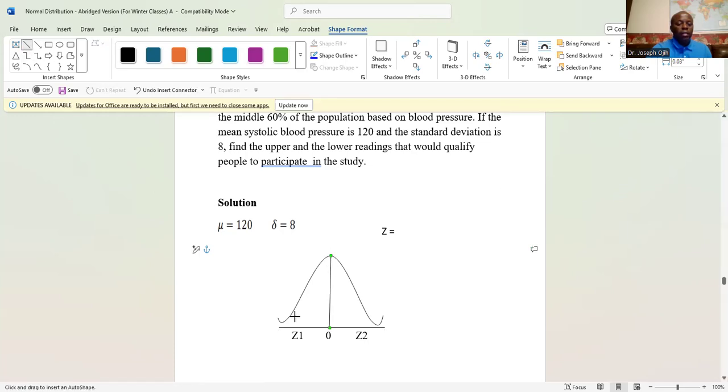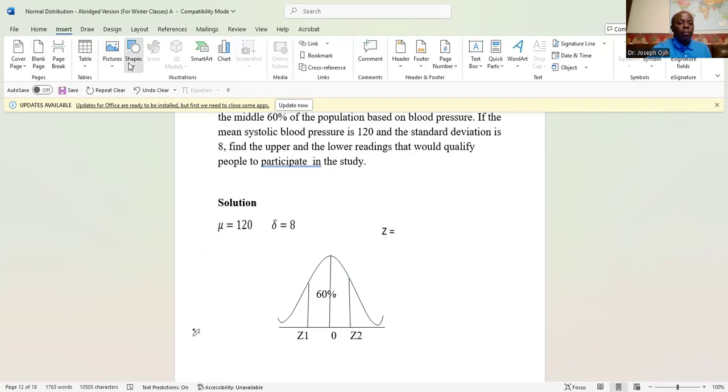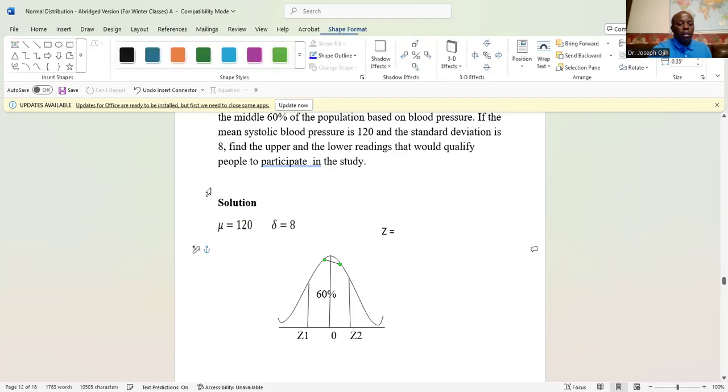Then on both sides, I have Z1 and Z2. The middle 60%. You have your Z1 and you have your Z2. Now I'm going to share this so you can see where I'm referring to the middle 60%. This is the middle 60%, and I wrote it there so you can see it.